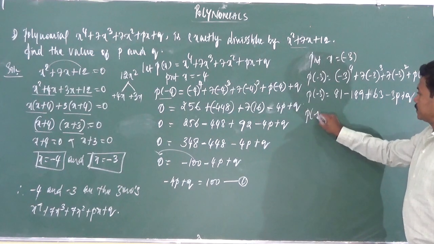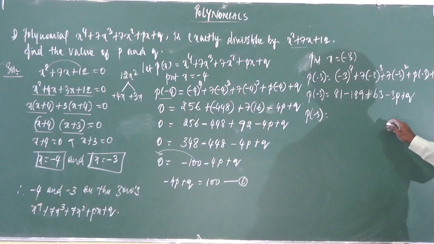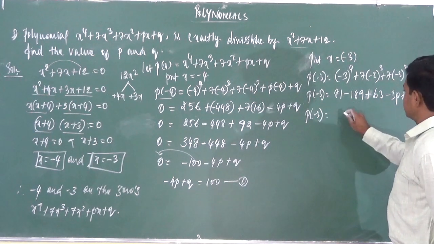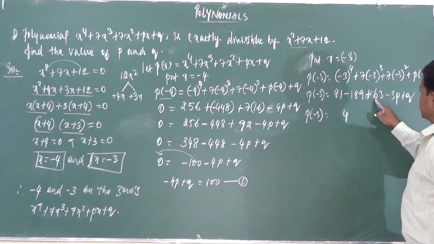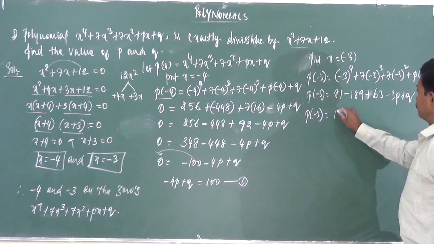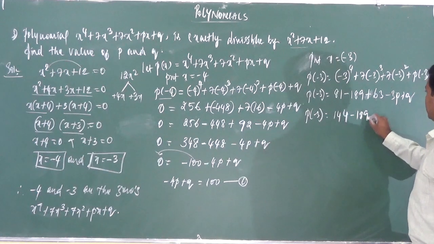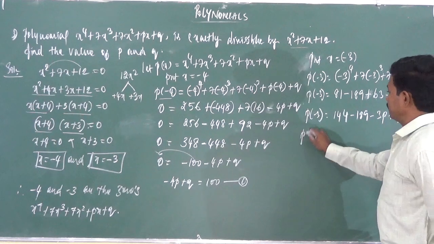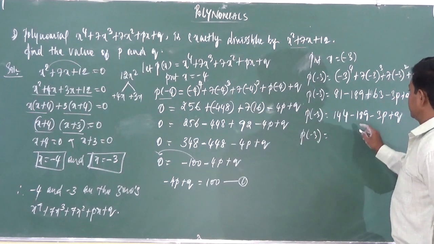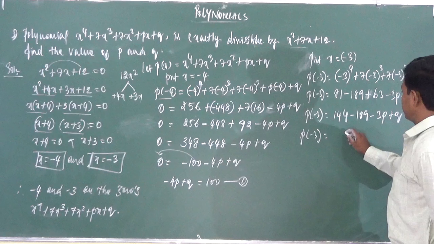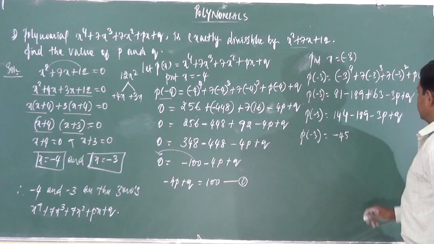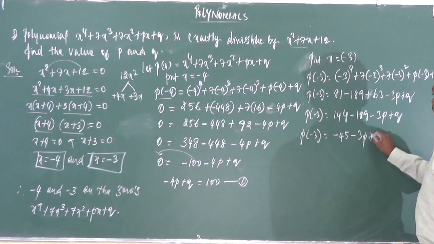So p of minus 3 is equal to, we'll add this: 81 plus 63 is 144, minus 189, minus 3p plus q. So we'll subtract: 144 minus 189 is minus 45, minus 3p plus q.